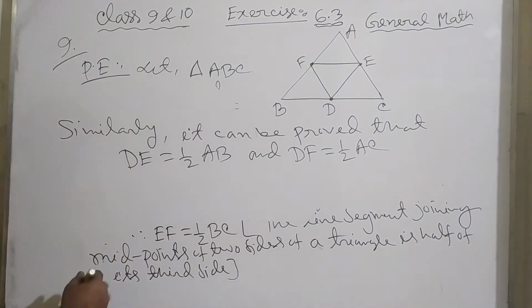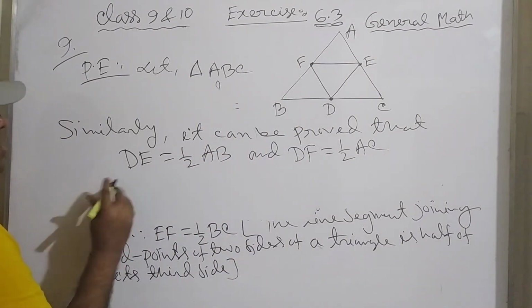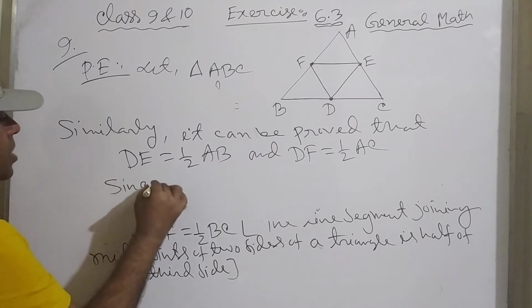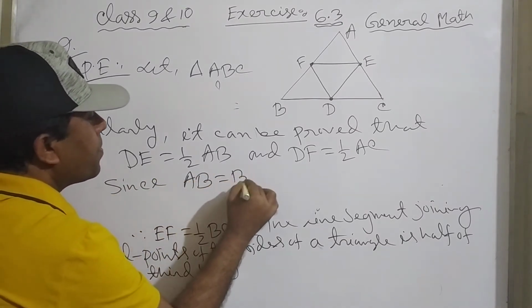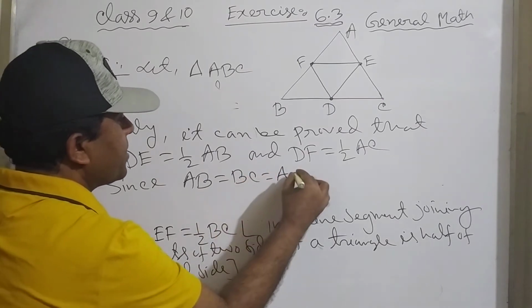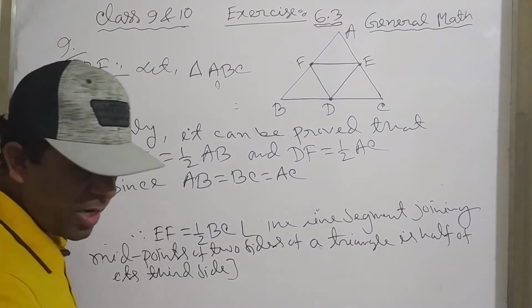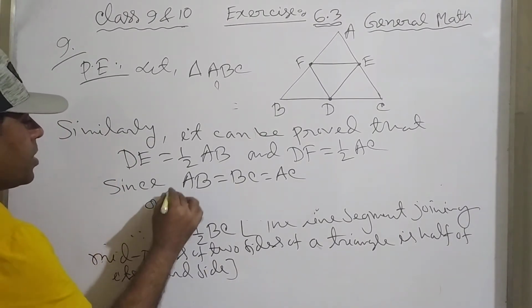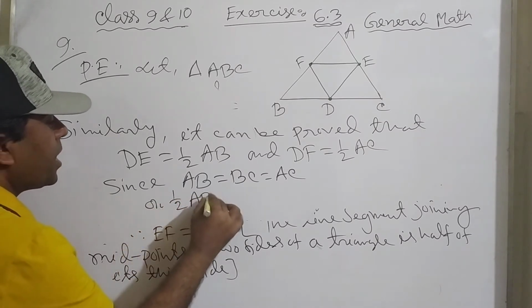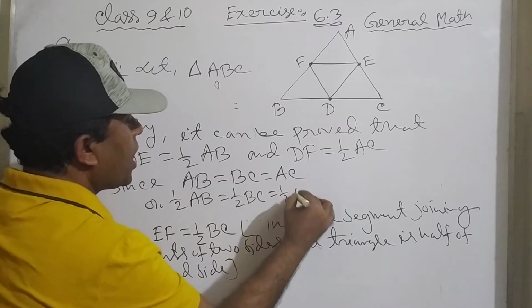But triangle ABC is an equilateral triangle, so AB equals BC equals AC. Therefore half of AB equals half of BC equals half of AC.